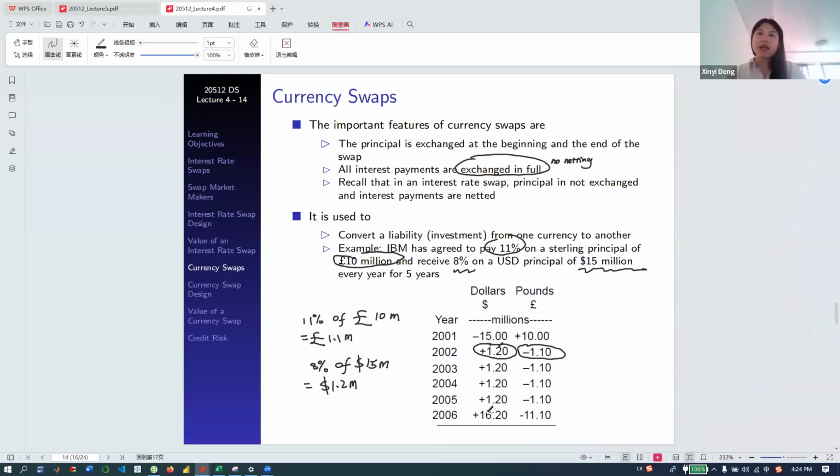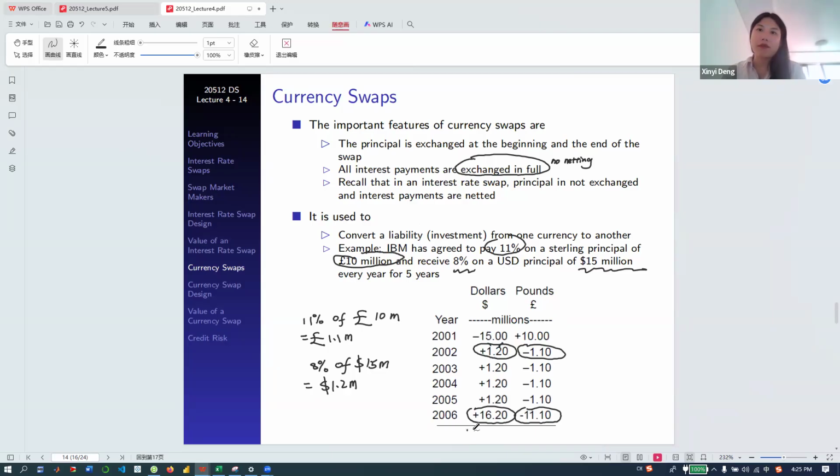Of course, at the end of the swap, at the maturity date, IBM is going to receive back this 16.2. That's a USD principal plus a USD interest. So IBM is not only receiving the USD interest as specified by the contract, it's also receiving back the USD principal of 50 mil.